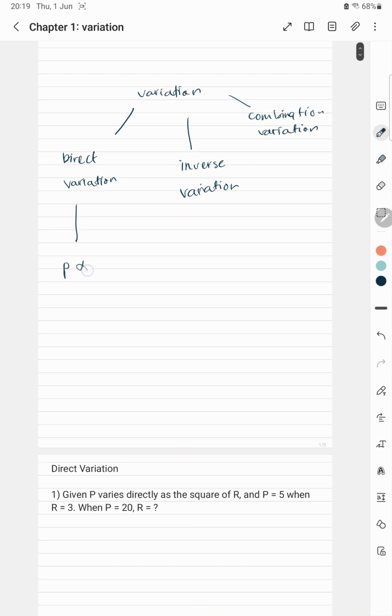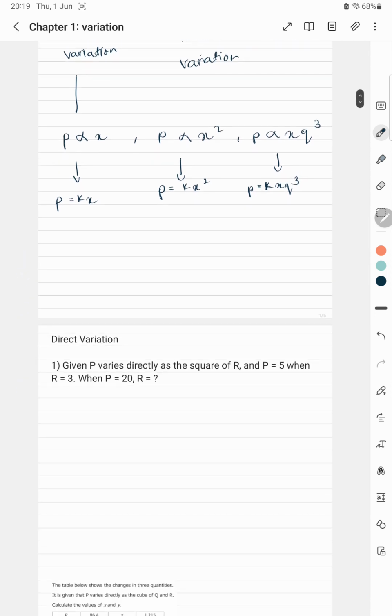We have p varies as x, or p varies as x squared, or even p varies as x cubed. So we can turn it into equation form, whereby it looks like p equals k times x, p equals k times x squared, and also p equals k times x cubed. So here the k is a constant.